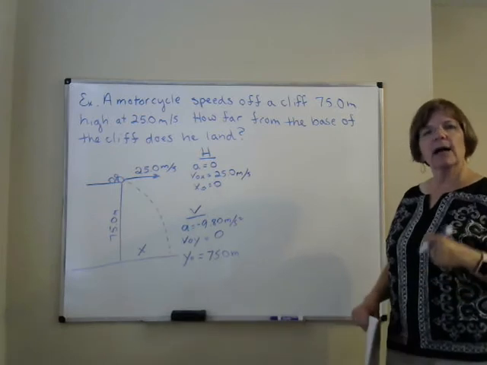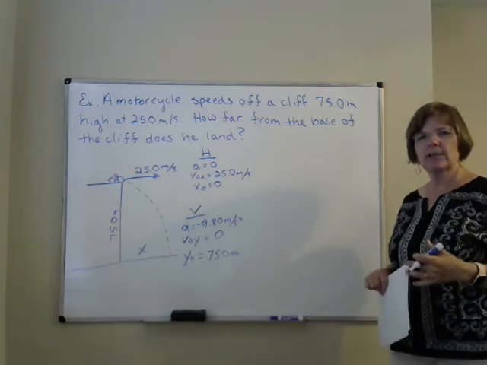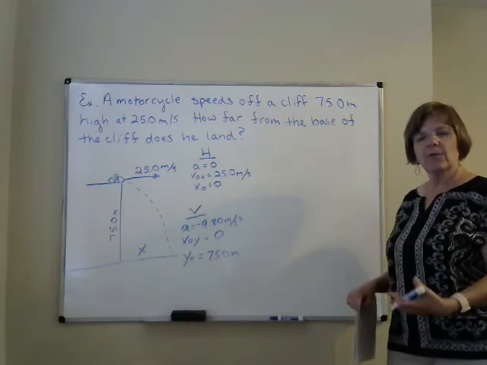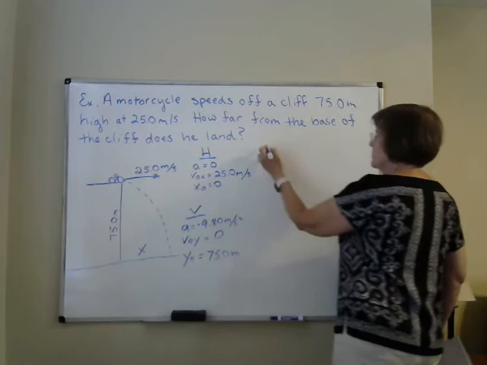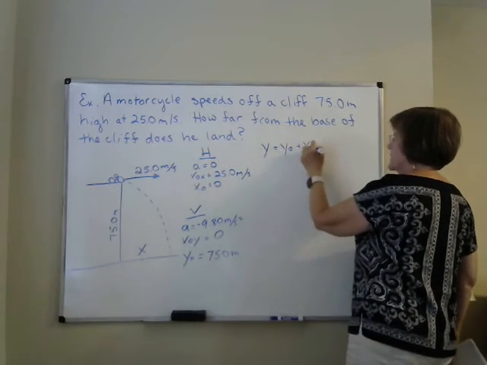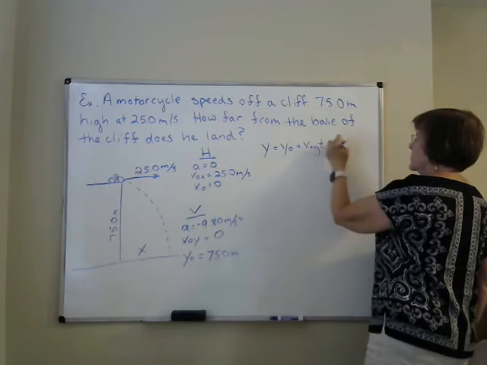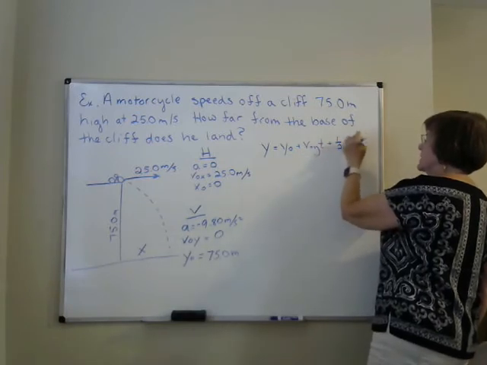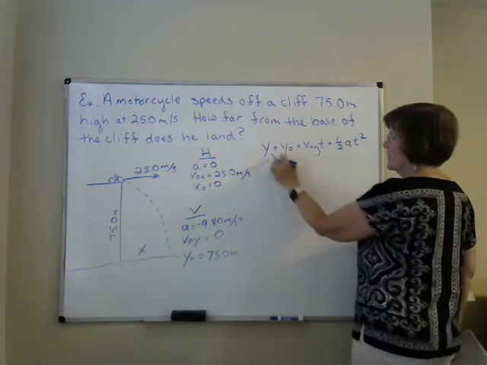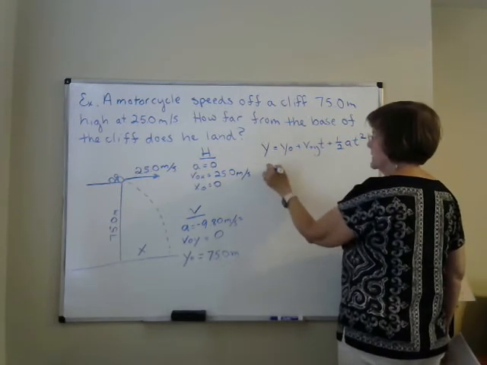If you know how high something is, you have enough information to determine how long it takes something to fall from that height. So I'm going to start with y equals y0 plus v0y t plus 1/2 a t squared. That's my standard equation. But when I fill it in, I want my final height y to be 0.